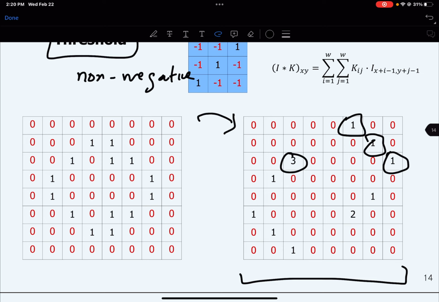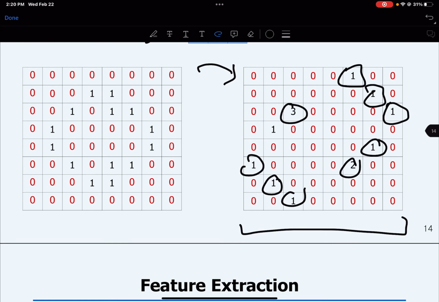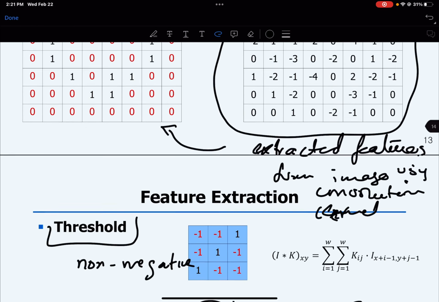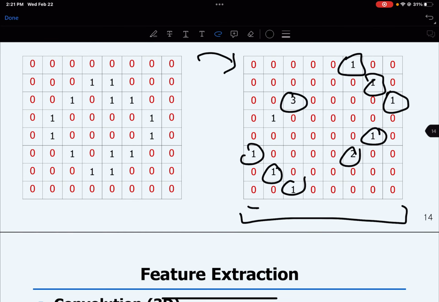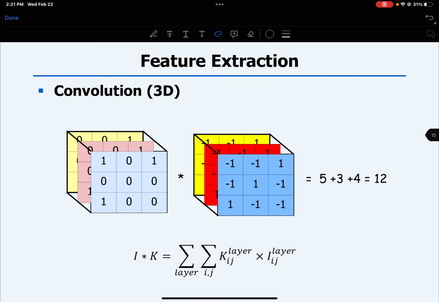So this part will extract only the important features within your image, and the rest will become 0. So look at the original image. This was your original image, and we have extracted the most important features using the convolutional kernel.